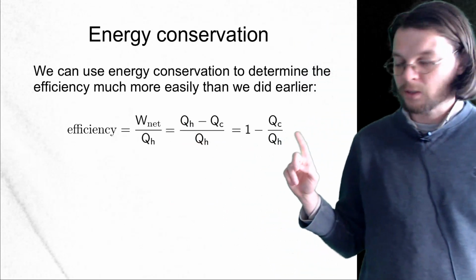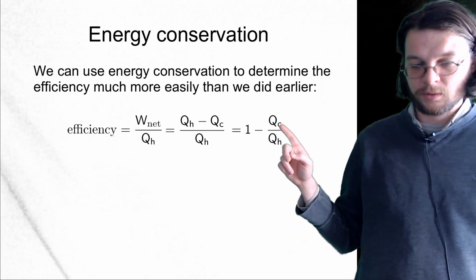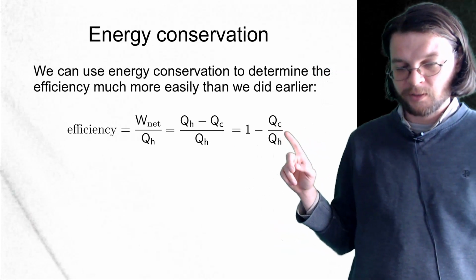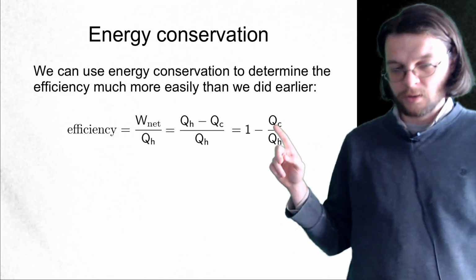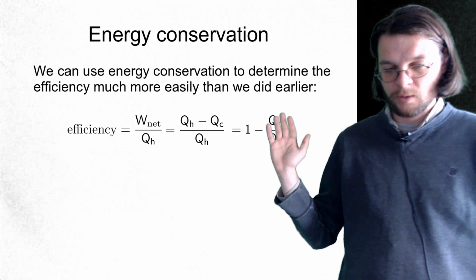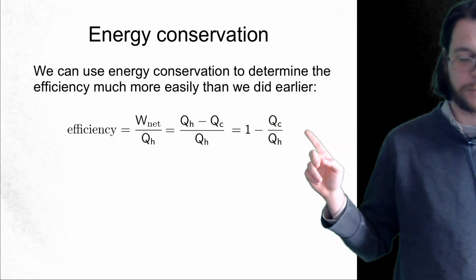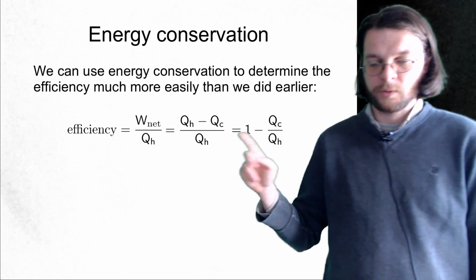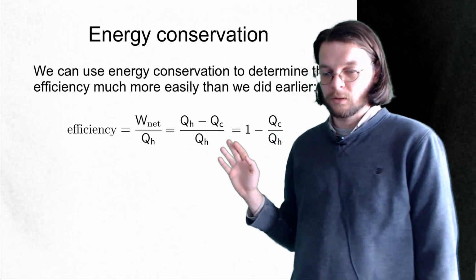And this makes a lot of sense because you really want to minimize this heat loss, right? The worst possible thing is if all the heat that you put into the system ends up getting lost to the ambient environment, to the air, whatever it's operating in. Then this would be 1, and 1 minus 1 is 0, and your efficiency would be 0. So that would be your worst case scenario.